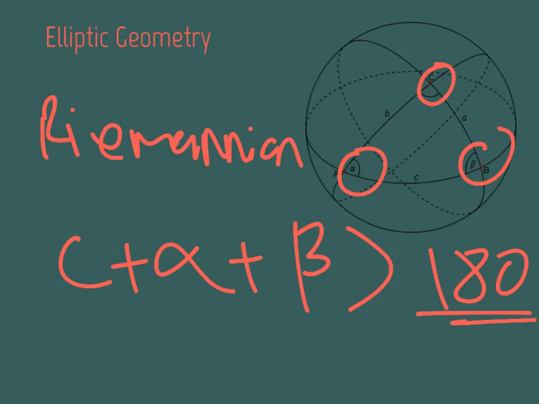So we said that on an elliptic geometry sphere, the sum of the angles in a triangle is bigger than 180. And we said that that's because there are no parallel lines and they cross each other all the time, and the lines are great circles.